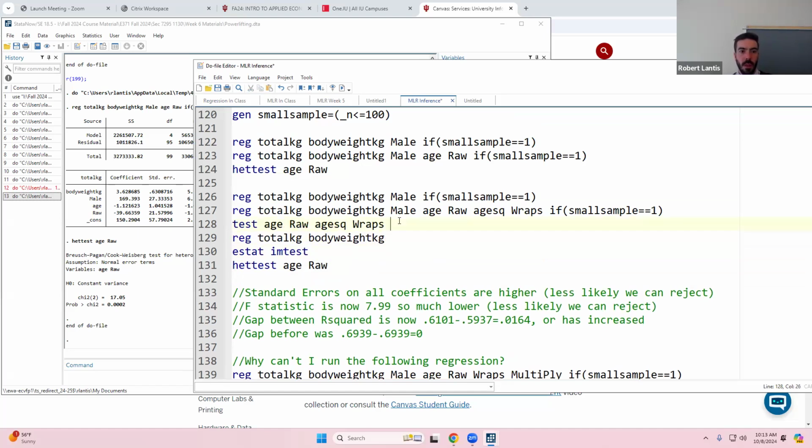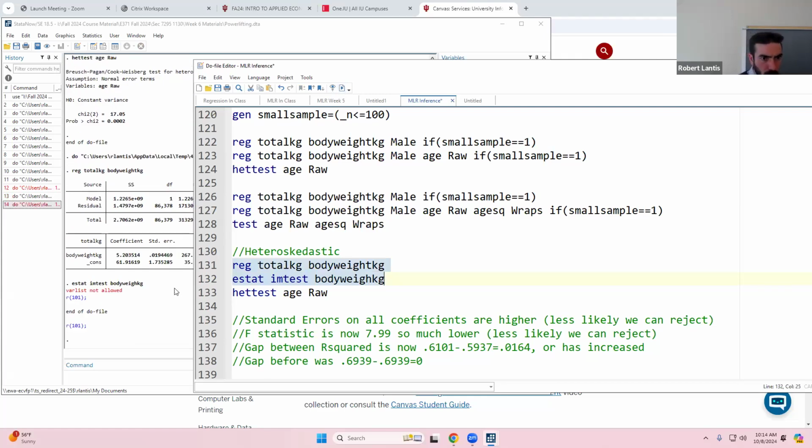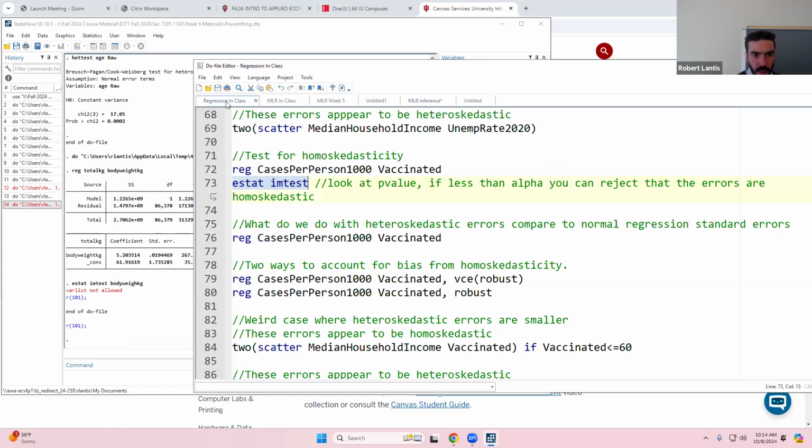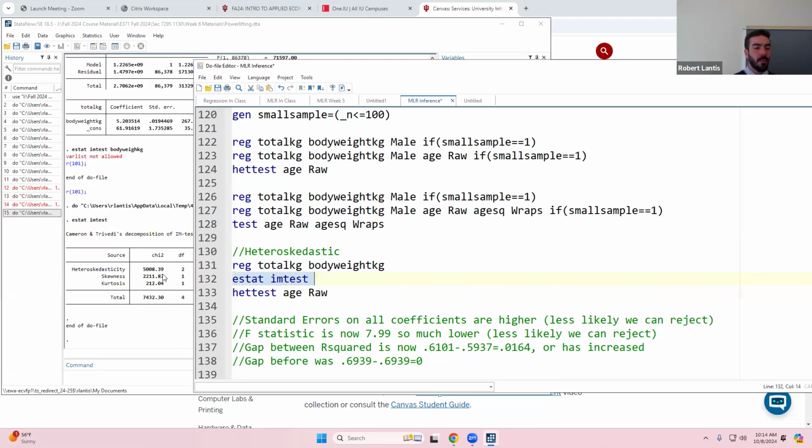So let's just say we're running this very basic regression. We're trying to predict total weight lifted by body weight. Right? So I'm going to run the regression, and then run this estat imtest. Oh, I don't have the syntax right. What is it? Oh, I don't need to. I only have one variable. So we just run this, right?